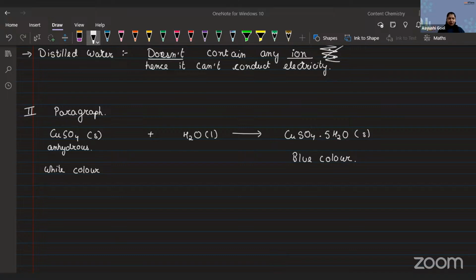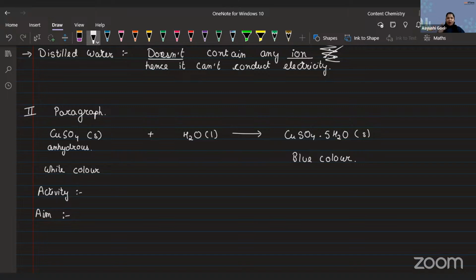Then for the same question, how do I break this question into different portions? First, I'll write activity. Whenever you are writing any activity, the activities always have their aim. So what is my aim?